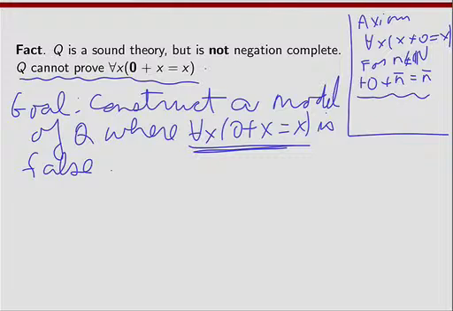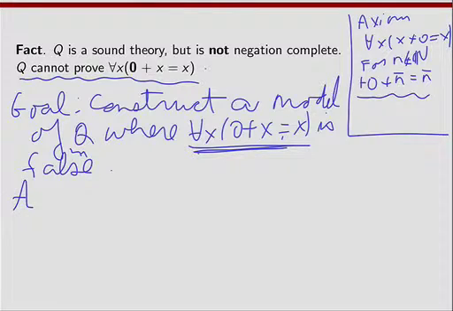It has to be a model where all the axioms of Q are true. So I've been able to find a model where all the axioms are true, but this formula is false. So it can't possibly be the case that Q can prove that this formula is true. All right, so what is our model?